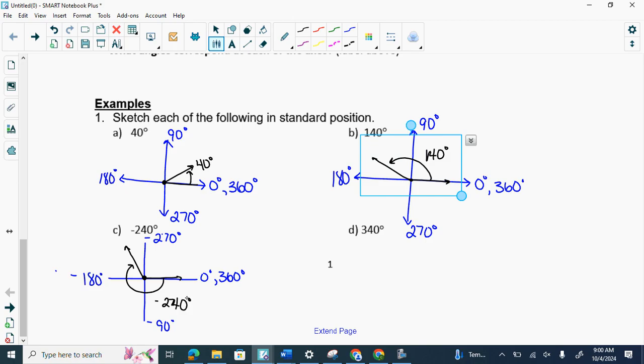Right. And then 340 is positive. 20 degrees shy of 360, to here.